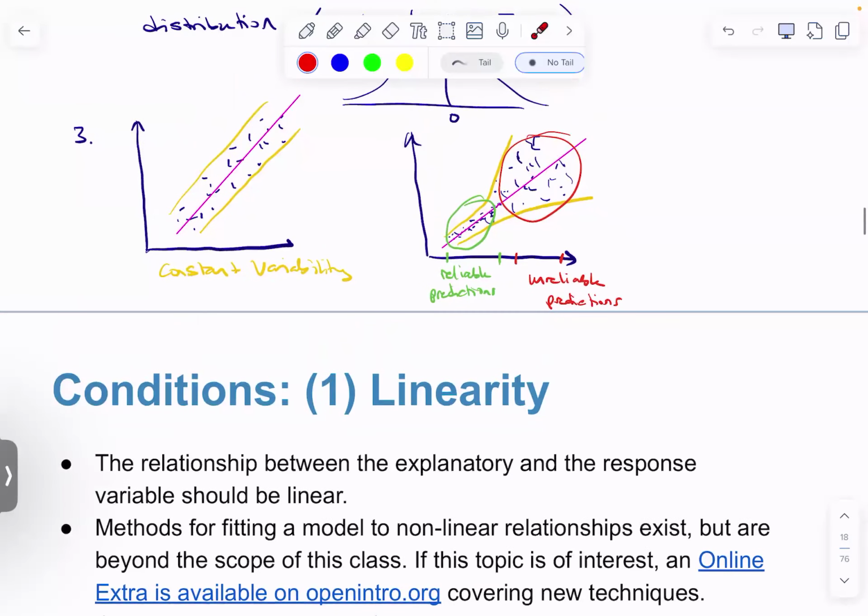Nice. So this is, of course, non-constant variability. Which means for our line of best fit, we should try some other modeling technique. And usually we can try to separate the data. Maybe there's two groups, right? You can model them independently.